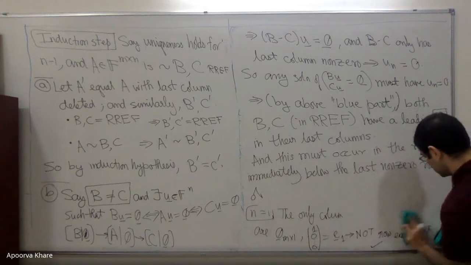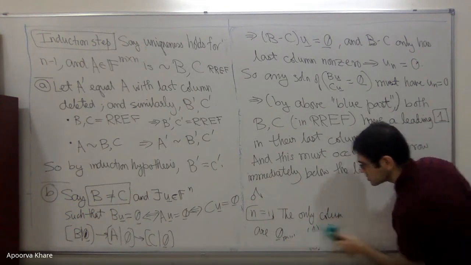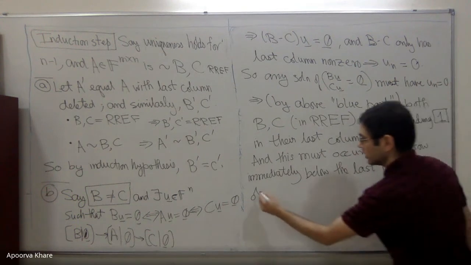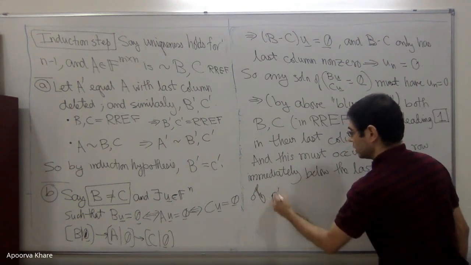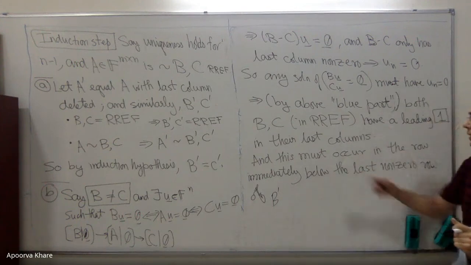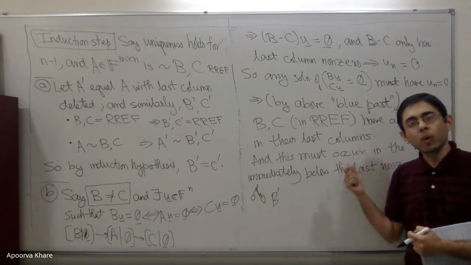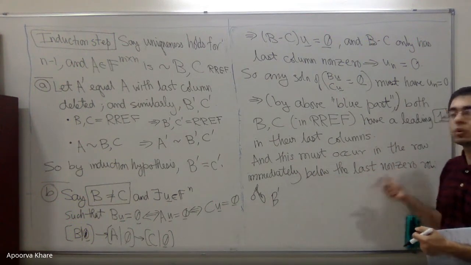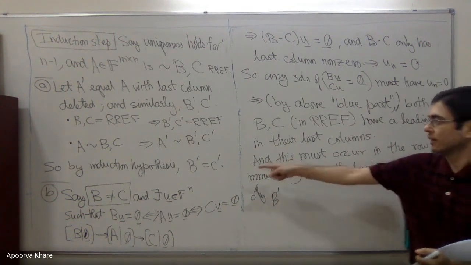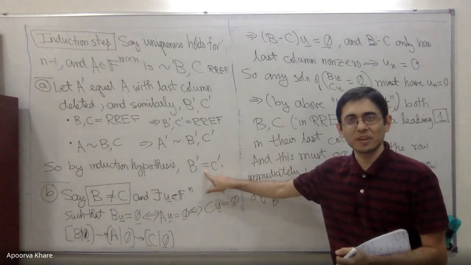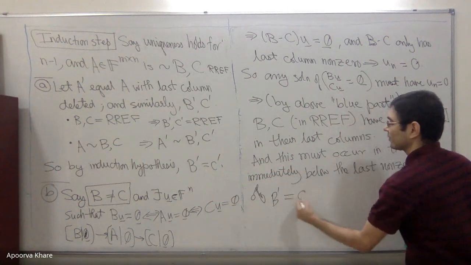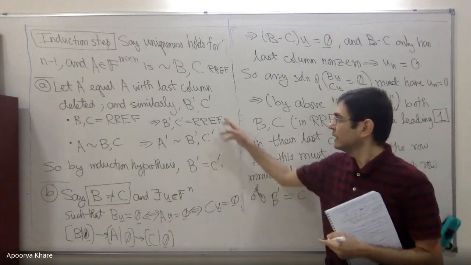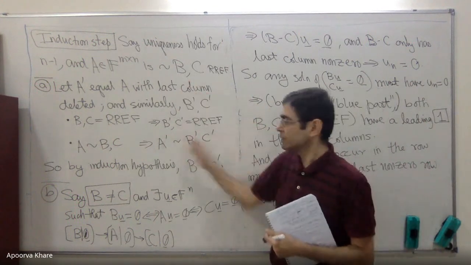Oops, I should erase all of this now. And similarly for C, the leading 1 in the last column must occur in the row immediately below the last non-zero row in C prime. And here is the fun part. B prime and C prime are the same. That means B and C, not B prime C prime, B prime and C prime are identical.